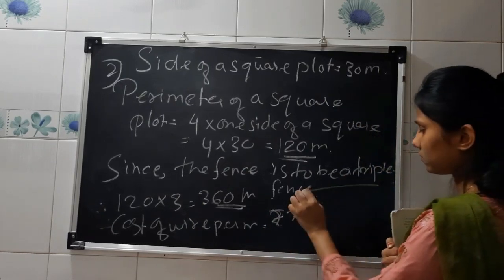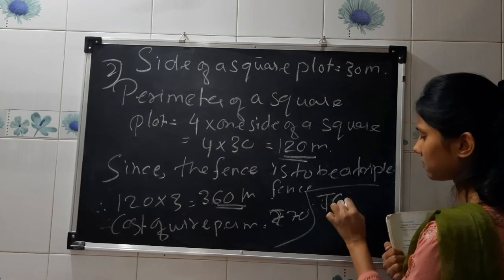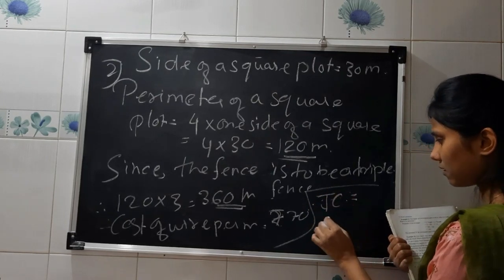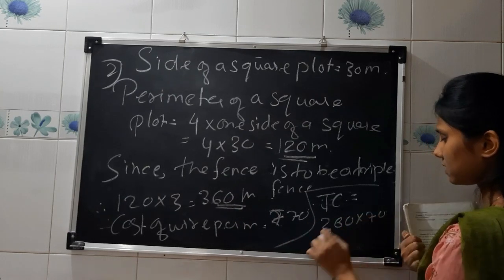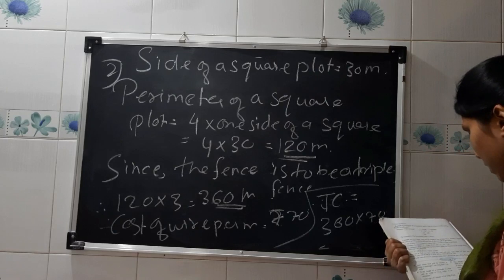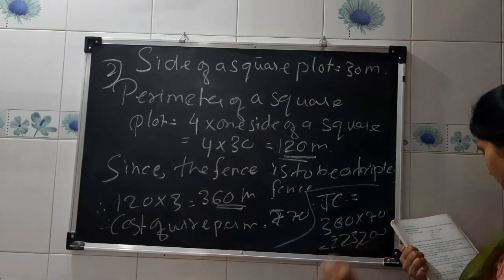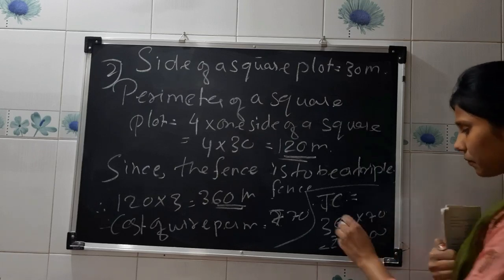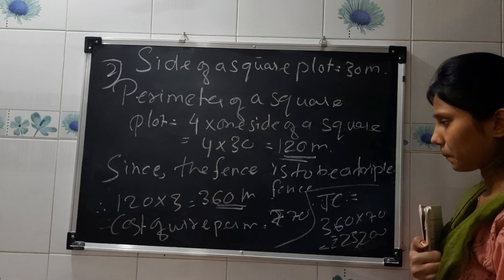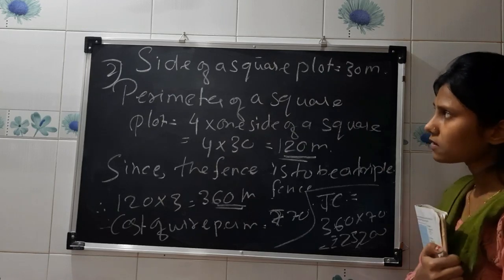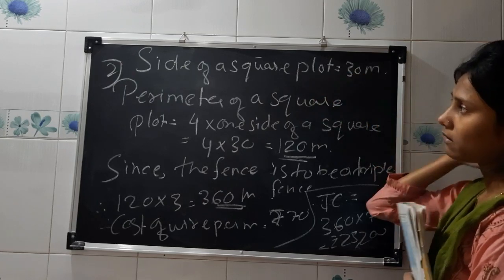So therefore total cost will be 360 into 70. We will get the answer 25,200. You can multiply and see it. 360 into 70, 25,200.